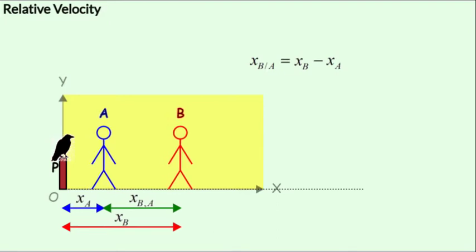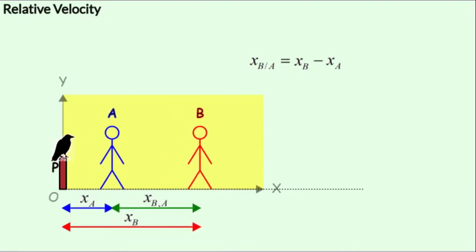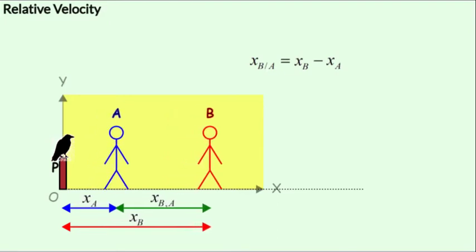Now A and B are both moving, and we want to find the velocity of B with respect to A mathematically. That is, from A's perspective, how fast is B moving? Mathematically, this would mean what is the rate of change of the displacement xB with respect to A?